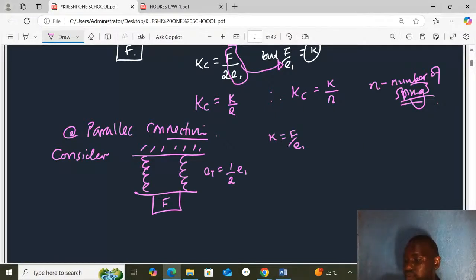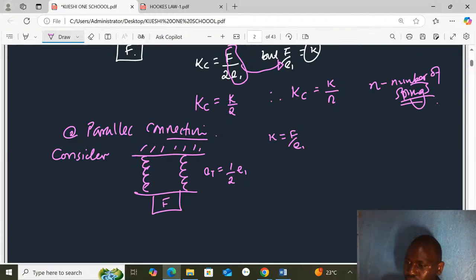But now here we are talking of E total is same as a half E1, meaning that these two springs have shared the extension that could be for one spring. That's why we say in parallel connection, we expect that they offer some strong resistance to the force applied or the weight that they will be subjected to.